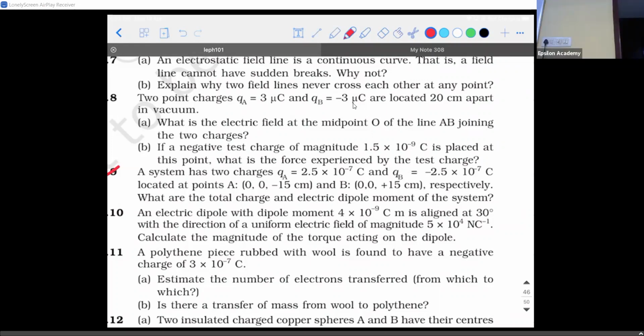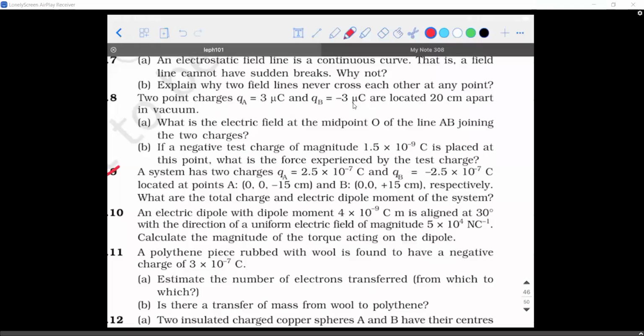What is the electric dipole moment? What is the formula for electric dipole moment? P is equal to Q into 2A. How much is Q into 2A?